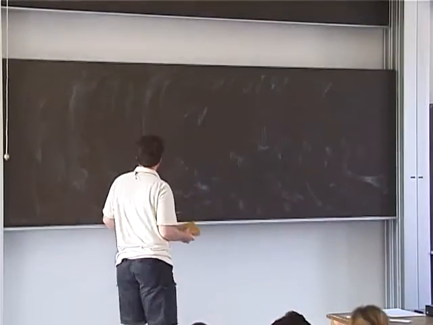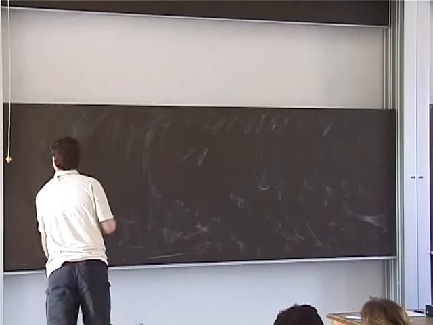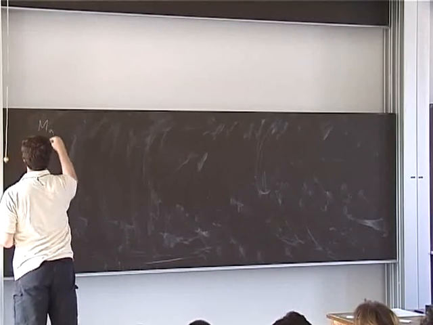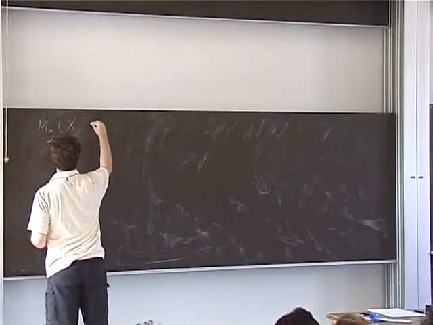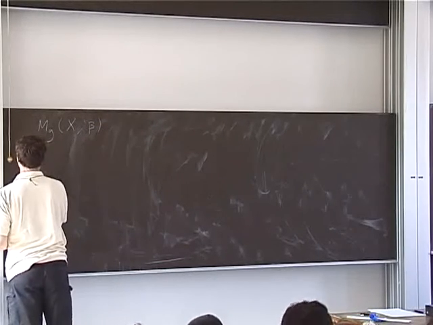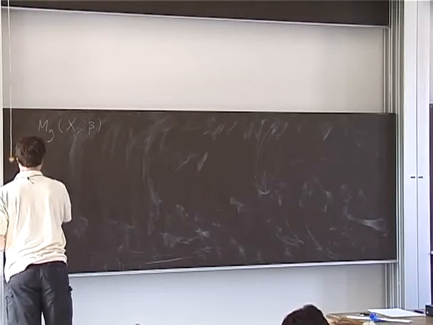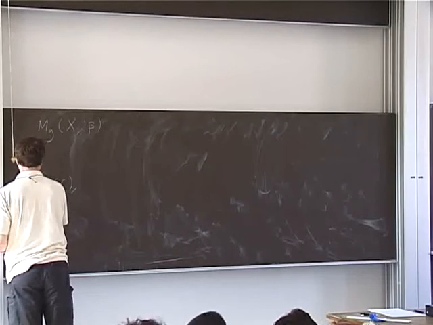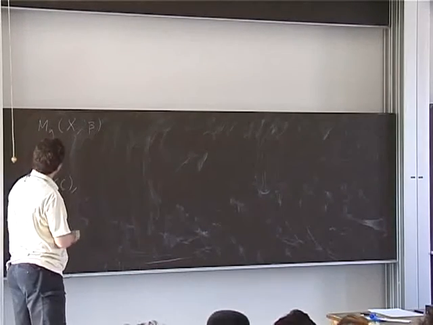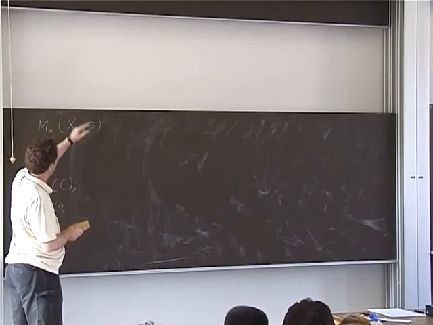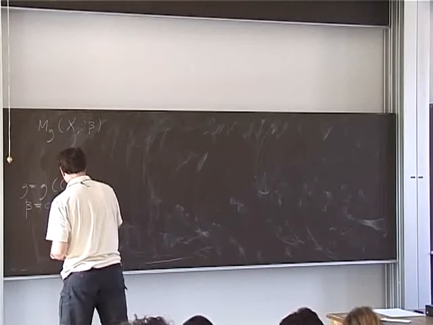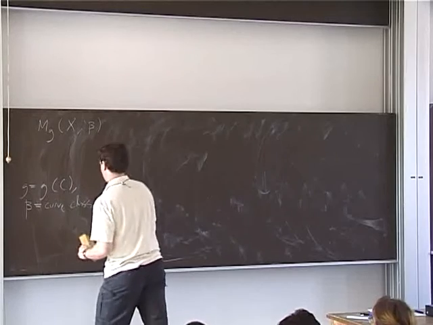deformations of this curve. So we can form some parameter space. I mean, just using Hilbert schemes, we can form some parameter space. M_{g,β}, g is the genus of this curve, and β is the curve class. So, I mean, if we fix some ample invertible sheaf on X, you can think of β as just being the degree of the class of the curve with respect to that ample line bundle.